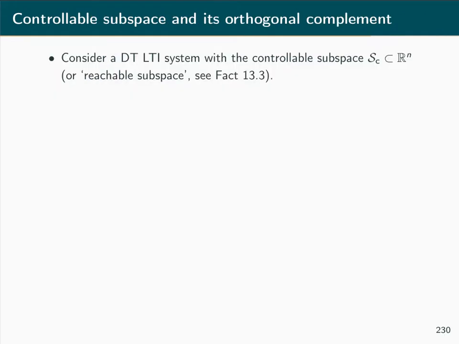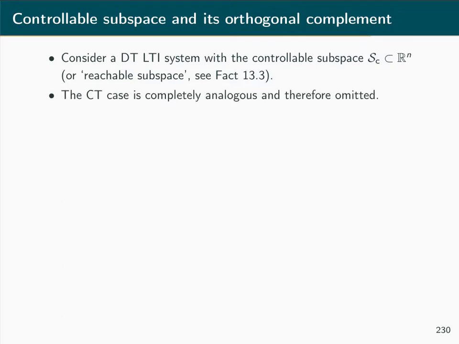So consider a discrete time linear time invariant system whose controllable subspace, also known as its reachable subspace by fact 13.3, is denoted with SC, and which is a subspace of the state space R^n.